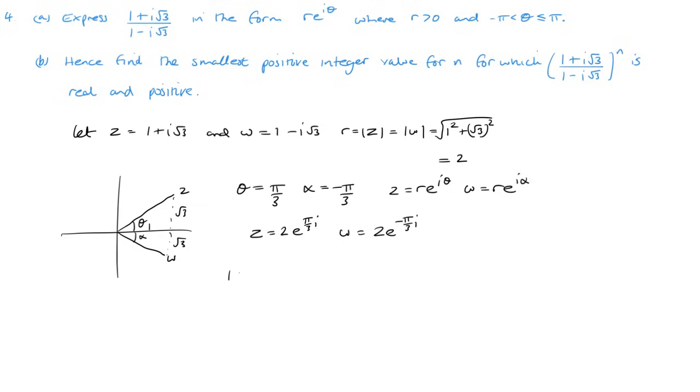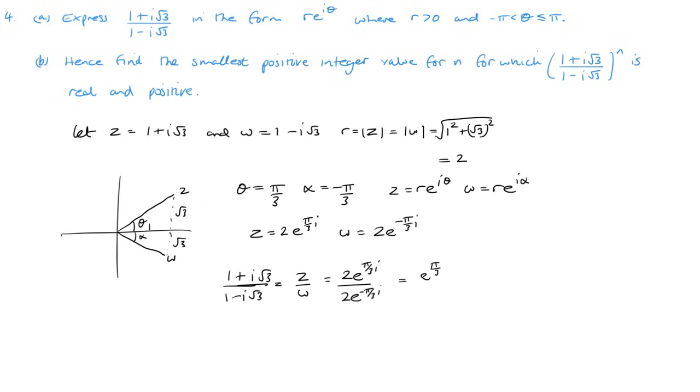So that means (1 plus i root 3) over (1 minus i root 3) is z over w, which is 2e to the pi by 3i over 2e to the minus pi by 3i, which is 2 divided by 2, which is 1, and the angles taking away each other.